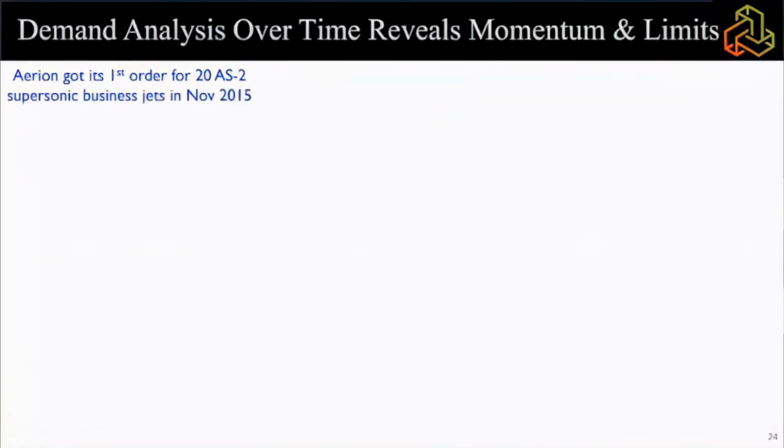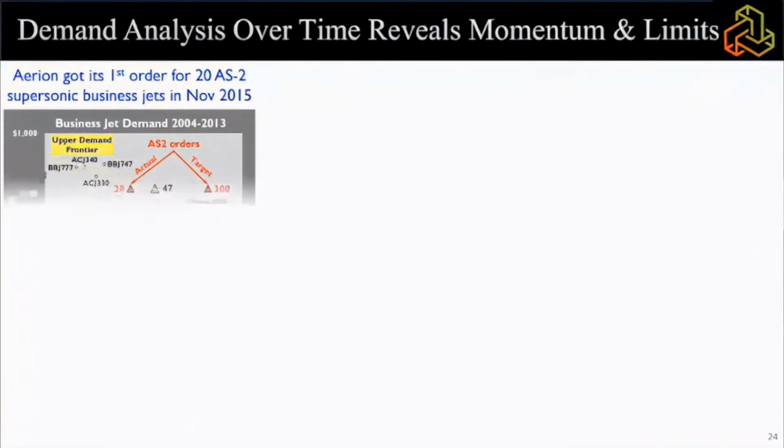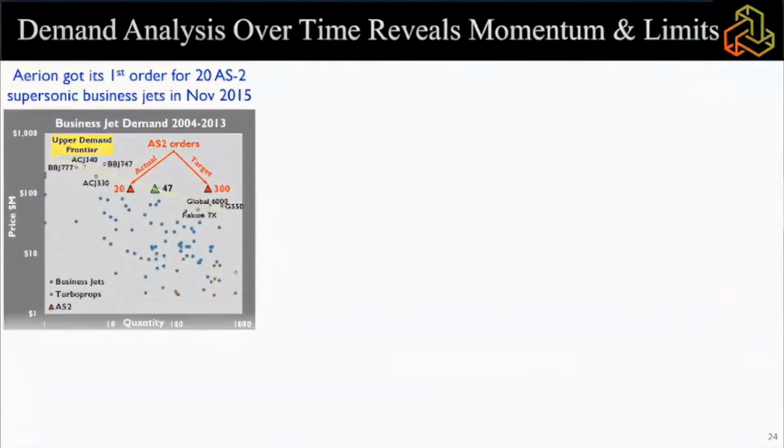Now, demand analysis over time reveals what we call market momentum, and it shows the limits there. So in the business aircraft market, ladies and gentlemen, there's this company called Aerion that formed in the early 2000s, and then they reformed and decided to make something called the AS2, which is a supersonic business jet.